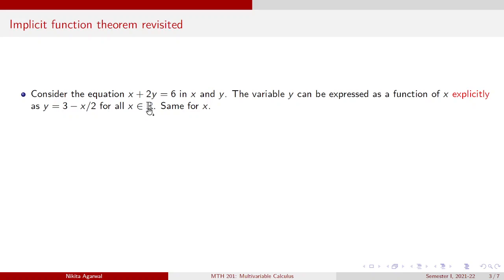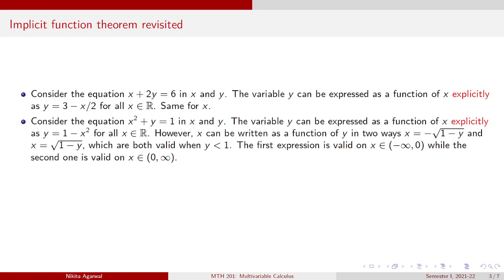So in this particular example, you are able to express each variable in terms of the other variable explicitly, right? You're able to give me an explicit expression for a variable in terms of the other variable.